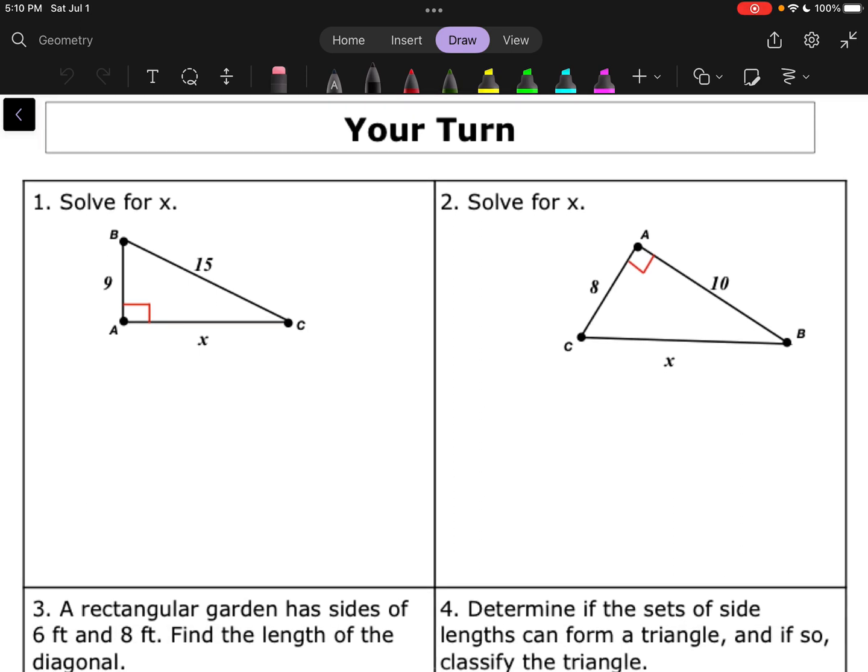All right, hopefully that went well. For this one, you should have done 9 squared plus x squared equals 15 squared. That was 81. It's equal to, not 15 squared, 225. Subtracting that should have given you, what would that have been? 144.